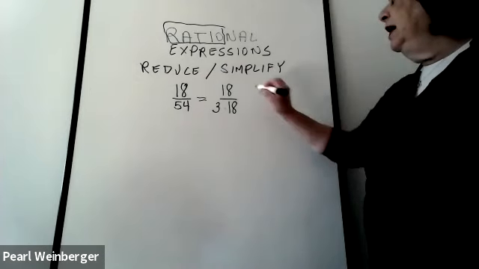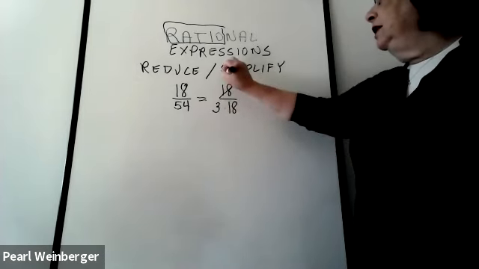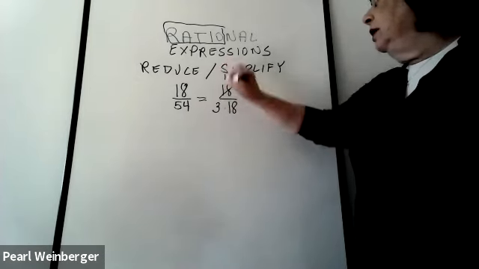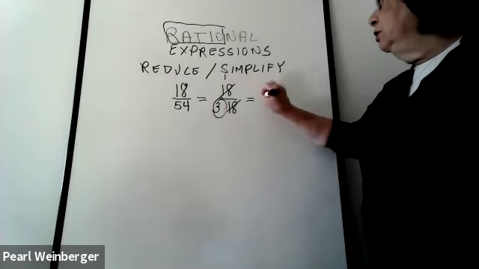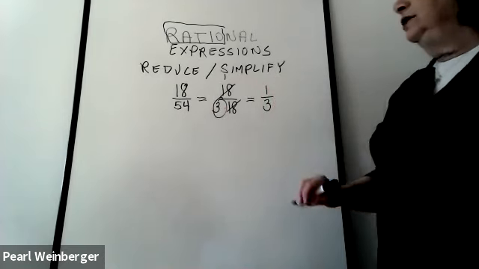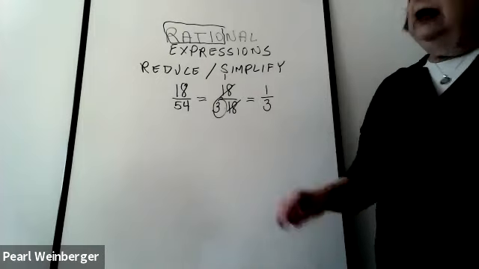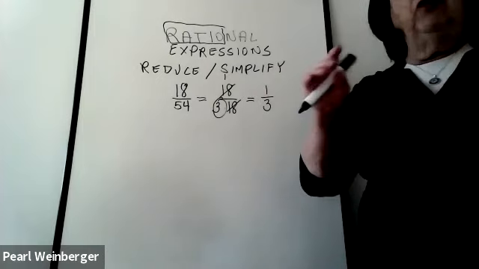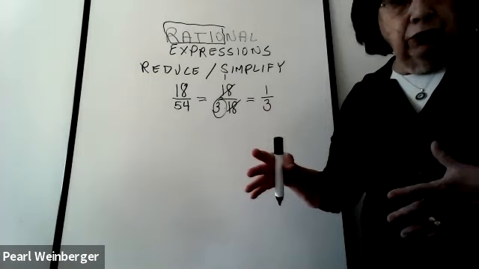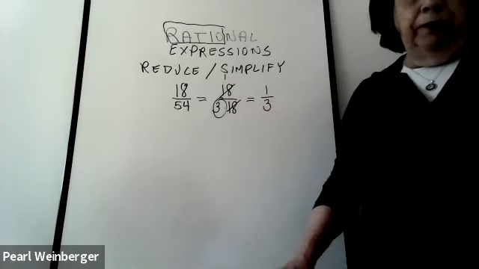That means I can divide out the top by 18, that'll give me 1, and I can divide out the bottom by 18, and that'll give me the 3. And this fraction reduces or simplifies to 1/3. 18 over 54 is the same value as 1/3.